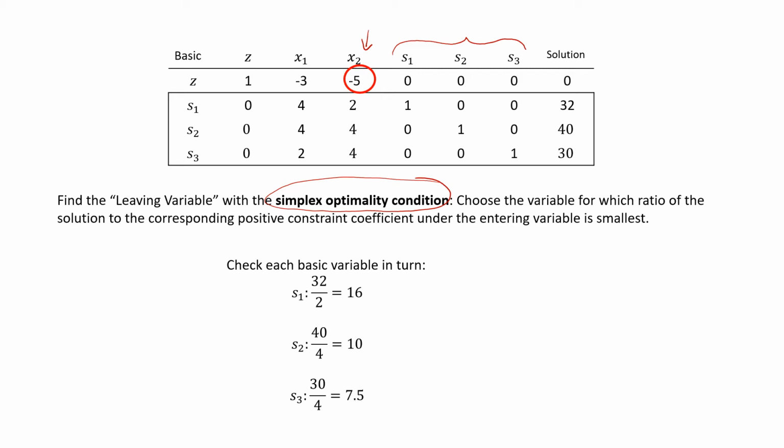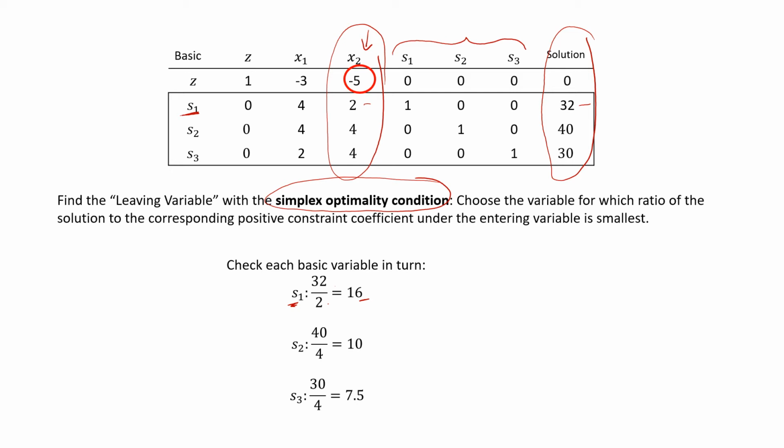So in other words, you look down the columns, this column and this column, and you divide. 32 divided by 2, that's the S1 row. So the value for S1 is 32 over 2, which is equal to 16.